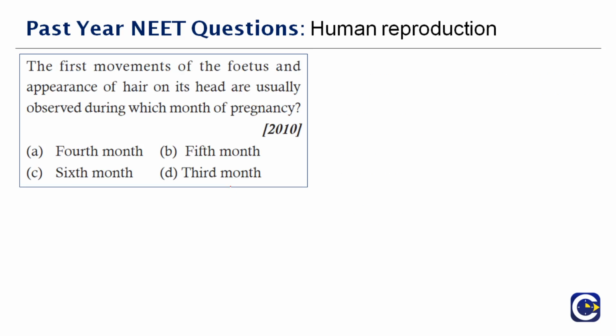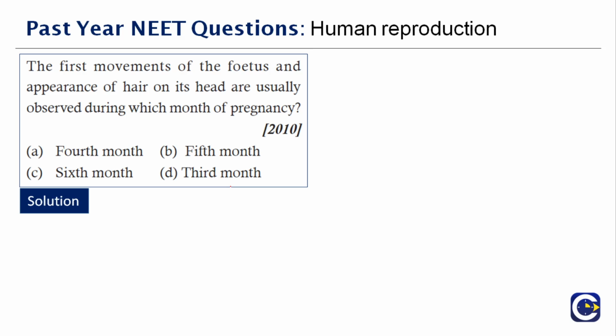Next question here. The first movements of the fetus and the appearance of hair on its head are usually observed during which month of pregnancy? Any idea? In human beings, after 1 month of pregnancy, the embryo's heart is formed. By the end of the second month of pregnancy, the fetus develops limbs and digits. By the end of 12 weeks, major organ systems are also formed.